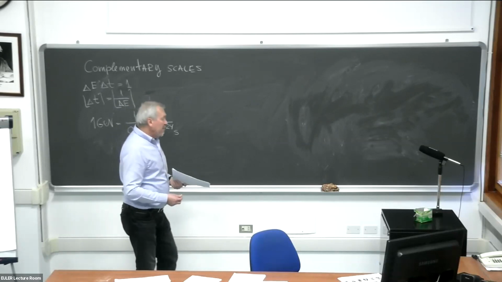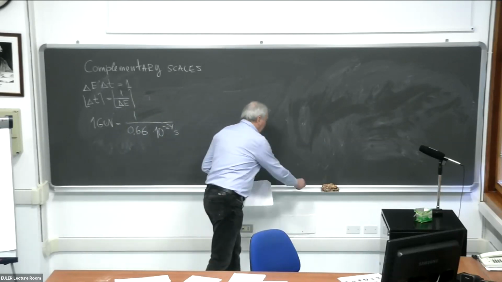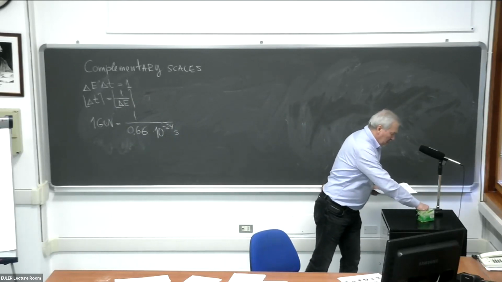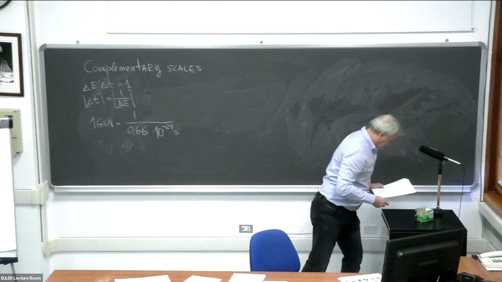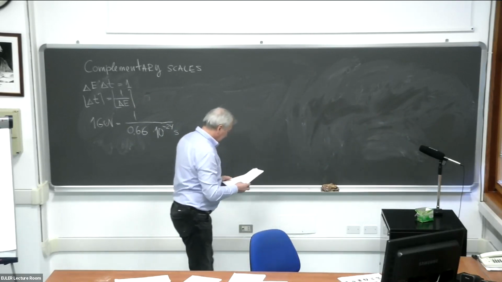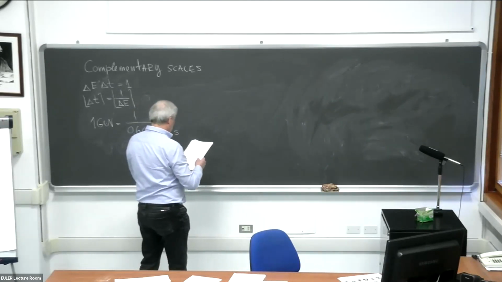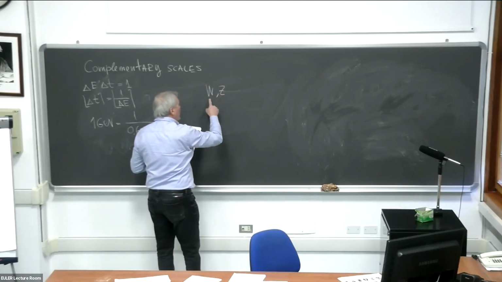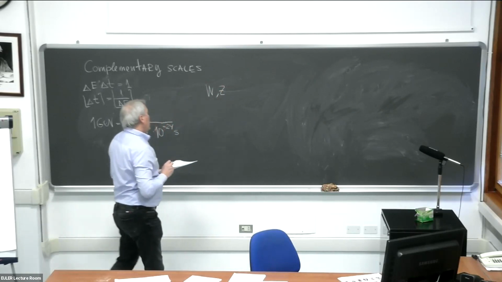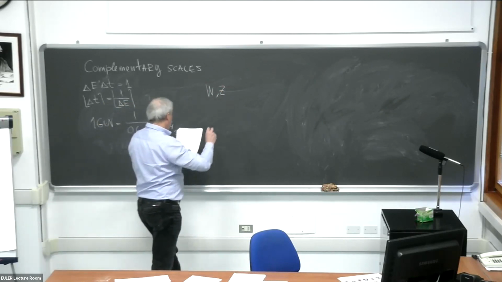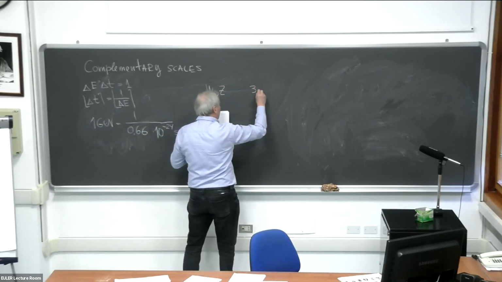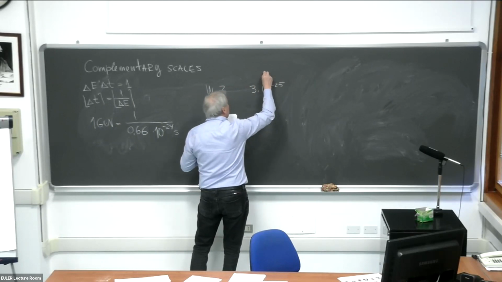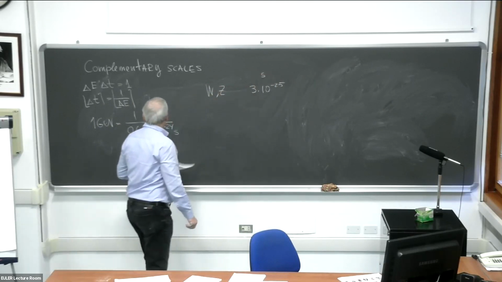Let me give you some lifetimes or times which are important in particle physics, just to give you some idea where we are. I will not write here the scale axis. W boson and Z boson, which are mediators of weak interactions, have lifetimes 3 10 to the minus 25 seconds, so very short lifetime.